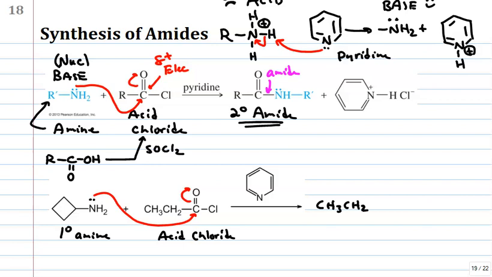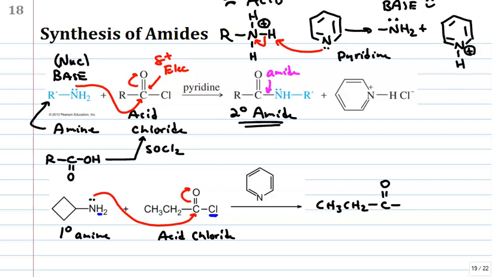CH3, CH2, C double bond O. I guess to kind of show where the atoms go, you're going to make HCl in this case as well. This chlorine and one of the hydrogens is really going to be the leaving group.